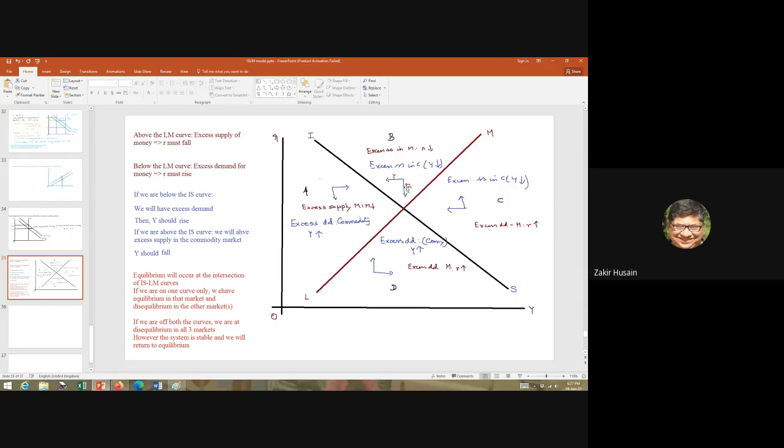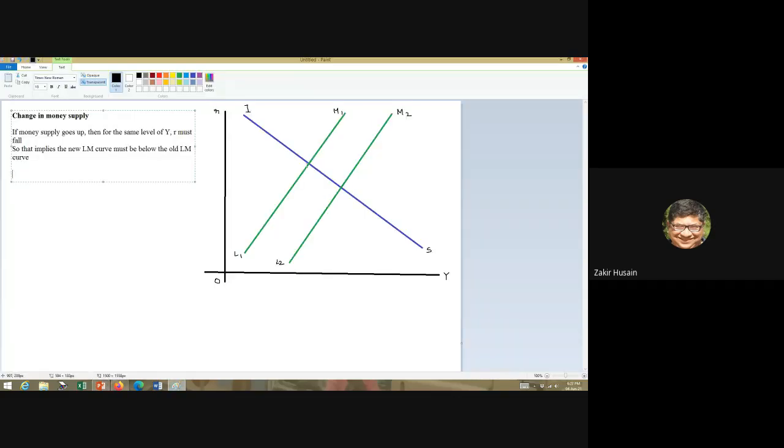So what will happen to the rate of interest? We are at a point like this, so the rate of interest must go down. The rate of interest will go down like this.